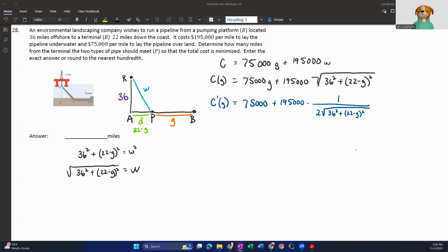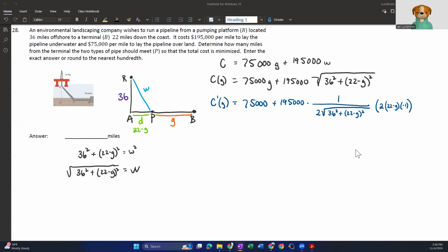The derivative of the inside, the 36 is not going to matter much. But the 22 minus g will. So taking the derivative there, it would be 2 times 22 minus g to the first power. And then there would be another chain rule on this smaller function where we need to multiply by -1 because that's the coefficient on g.